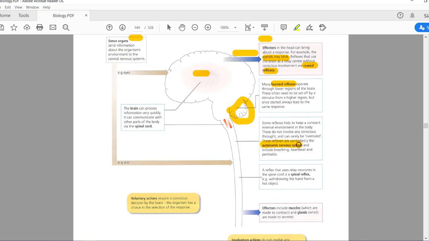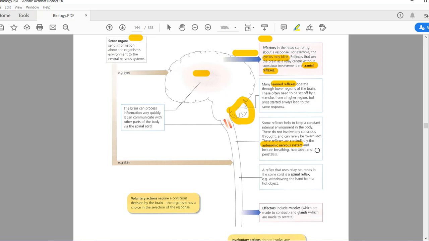Then, autonomic nervous system. From the name auto, it means something happening by itself. What do you mean by autonomic nervous system?